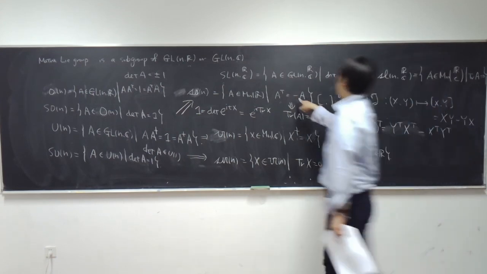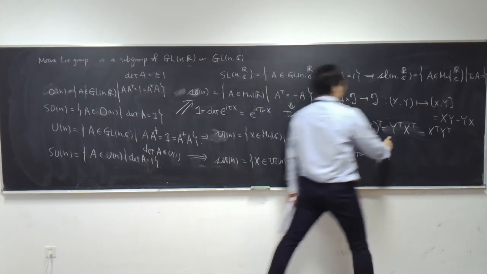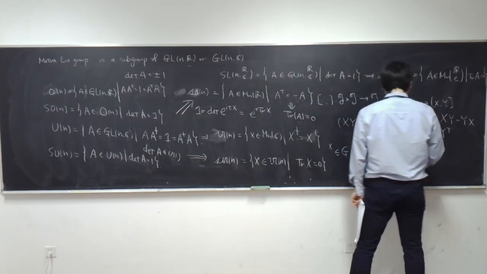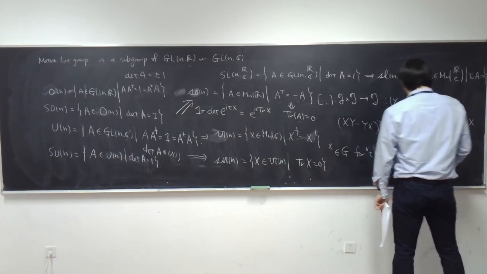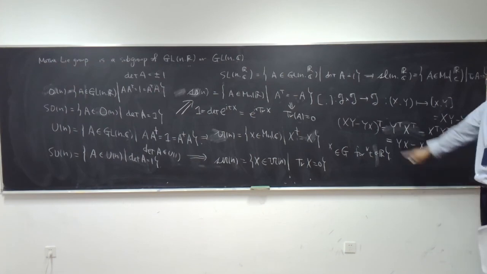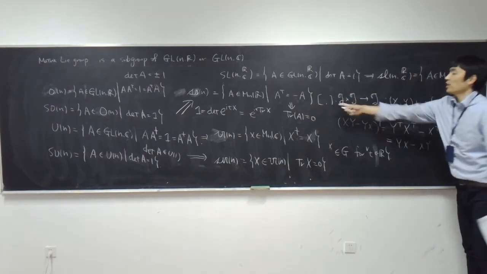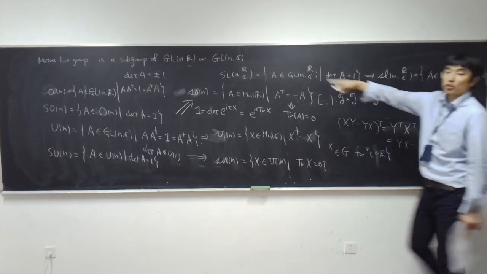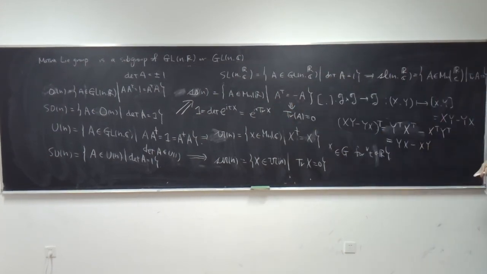We can just use the property that the transpose of X is minus X. So this is YX minus XY, the minus signs cancel, and it is still an element inside so(N). So the commutator preserves the property of the Lie algebra. This is the property of the Lie algebra, so the commutator does not destroy it.